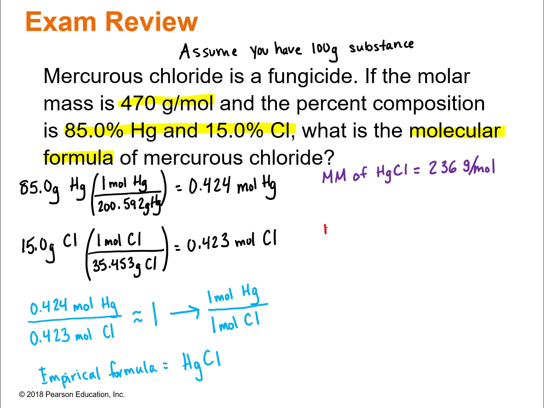Then we figure out how many times we need to multiply our empirical formula by to get the actual molecular formula. So we take the molar mass of the molecular formula and divide by what we just calculated for our empirical formula. And that's about 2. So that means we need to take our empirical formula and multiply it by 2.